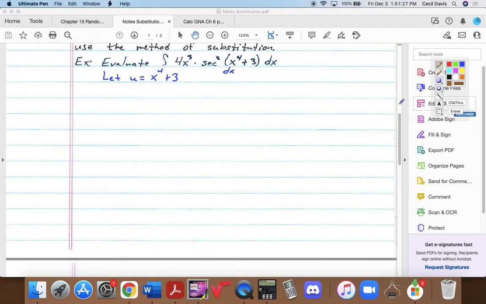So that'll be du dx is equal to 4x cubed. If you multiply both sides of that by the differential dx, you have du is equal to 4x cubed dx.